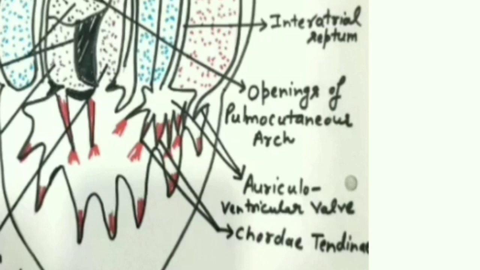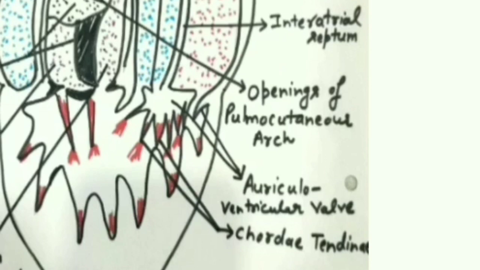And you know, when the ventricle contracts, during that contraction it may cause back pushing of the auriculoventricular valve, and that is prevented by chordae tendineae. Chordae tendineae prevent collapsing of the auriculoventricular valve. So chordae tendineae are a somewhat unique structure found in the ventricle.